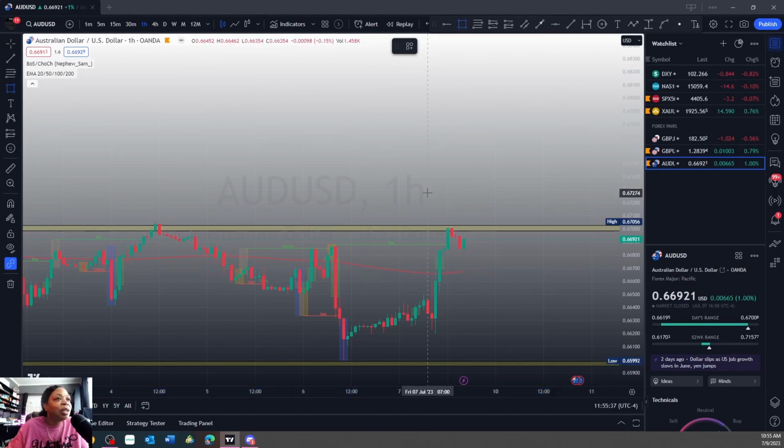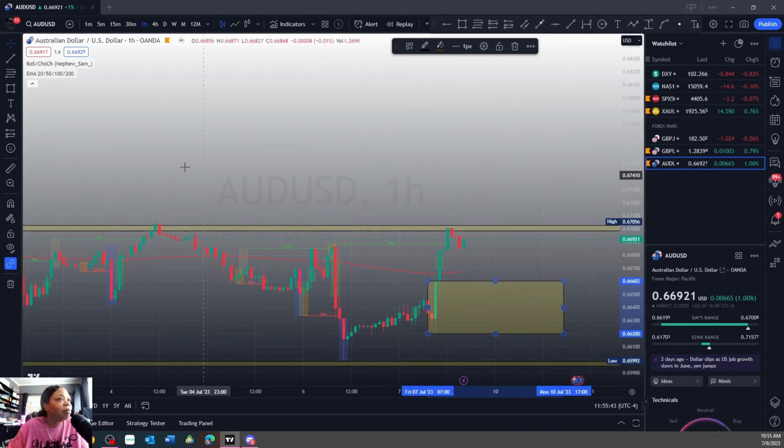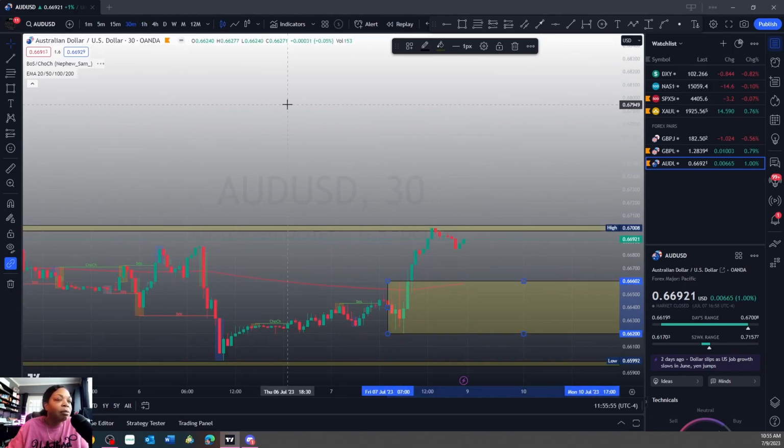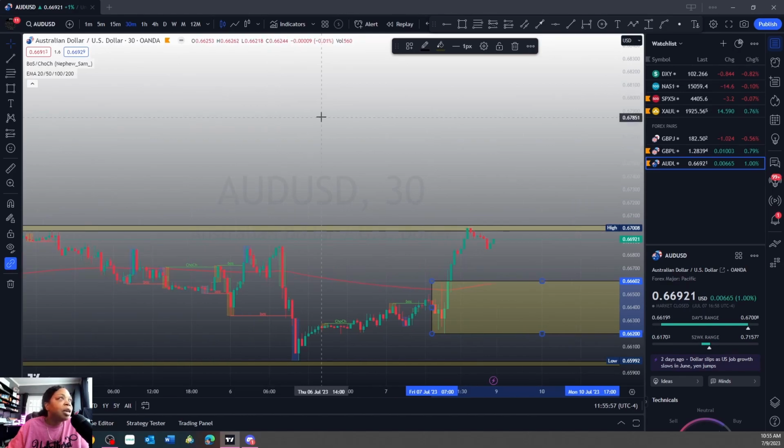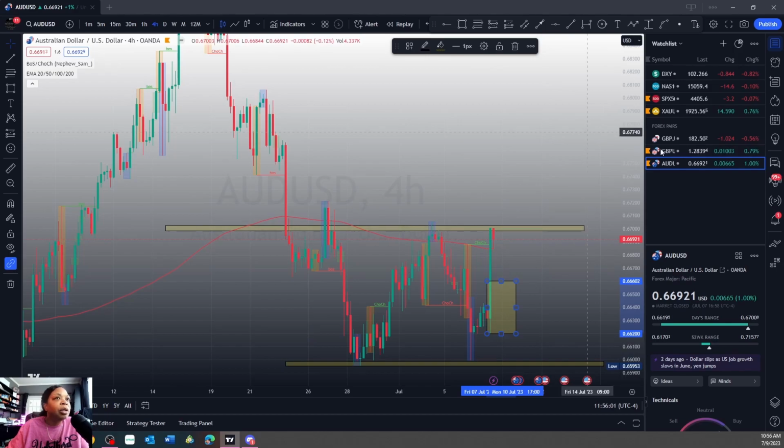but until you have a clear picture of what it's actually doing, just stay out of it. You could trade the zones from the top of the resistance areas to the bottom of support, but just pay attention to your price action and your plan. So with AU, we're just gonna wait until it tells us more.